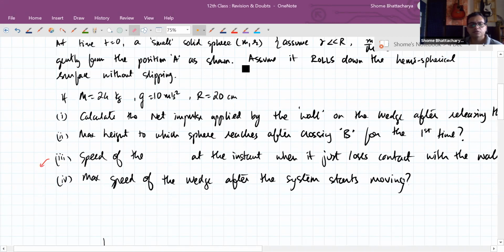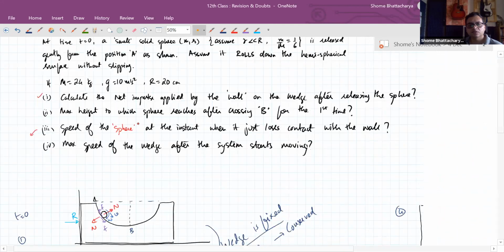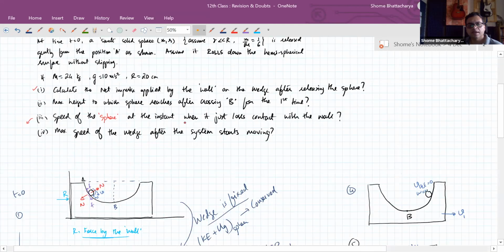I mean the speed of the sphere. So this is actually from the first part only. This is the same thing as the first part, that v naught only root 10 by 7 gr is the linear speed of the sphere at the instant when the wedge loses contact with the wall. Obviously the wedge will start from rest, but just make that correction in the question. So that is also answered in the first part only.